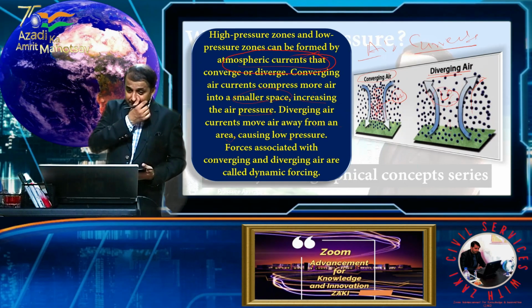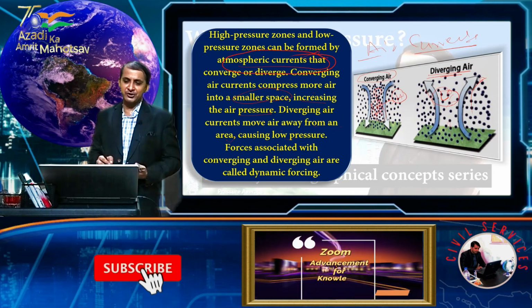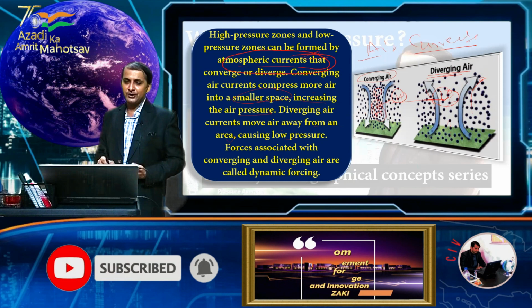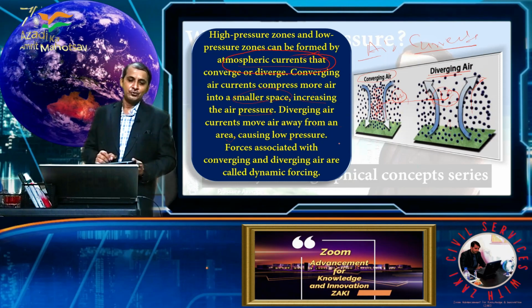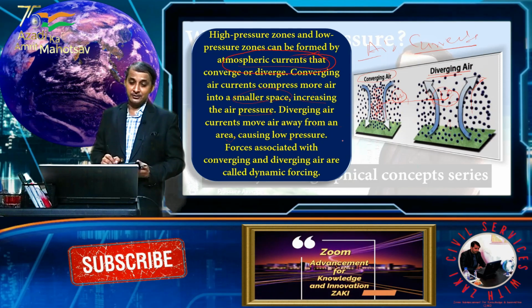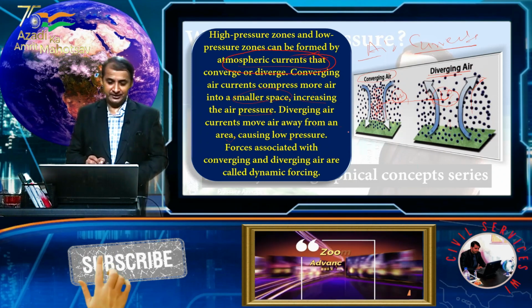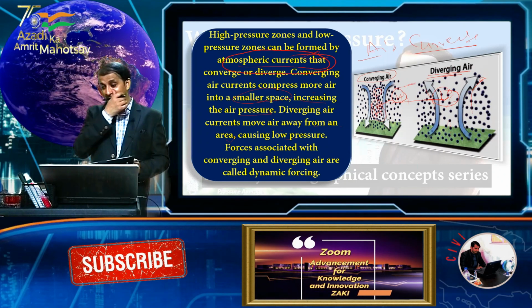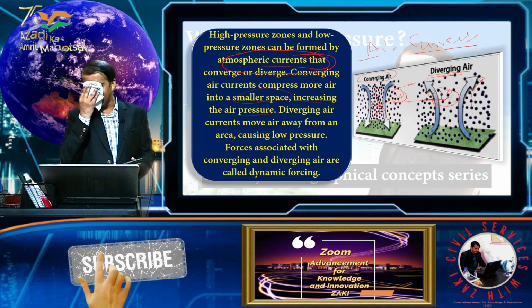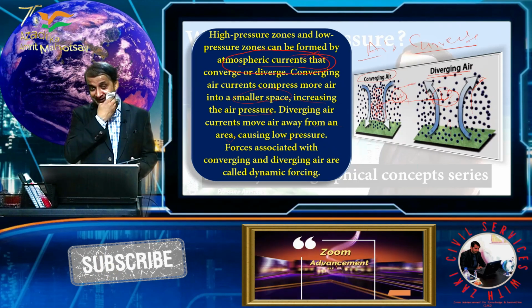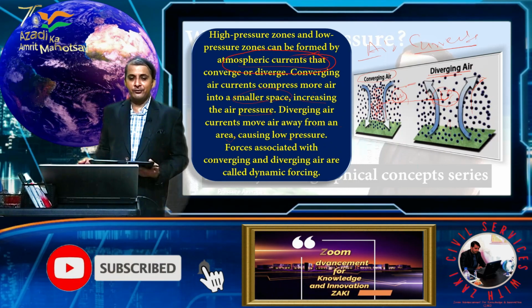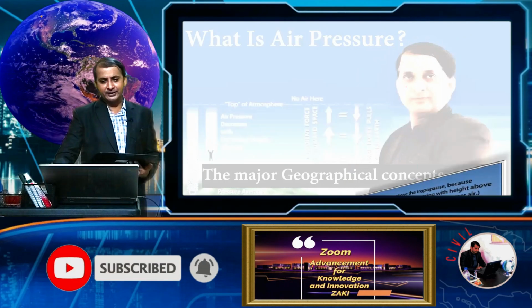Forces associated with converging or diverging air are called dynamic forcing. Dynamic forcing plays a very important role in our atmospheric circulation, whether it is the monsoon or other weather phenomena. So we move forward and see another thing.